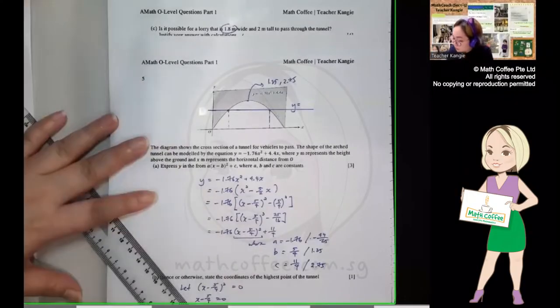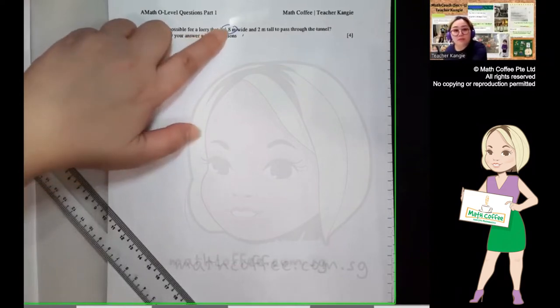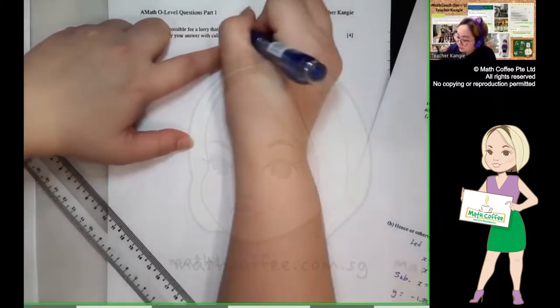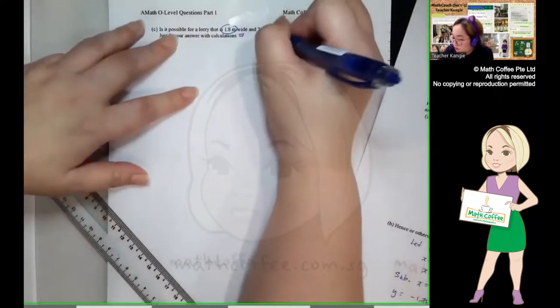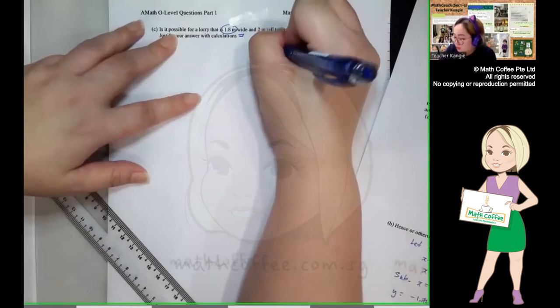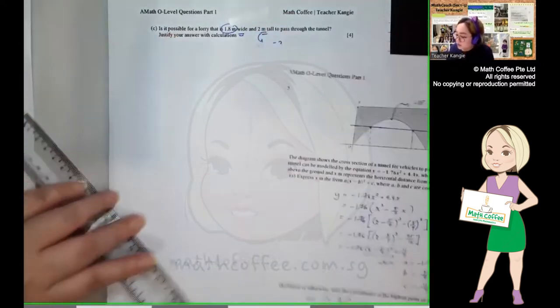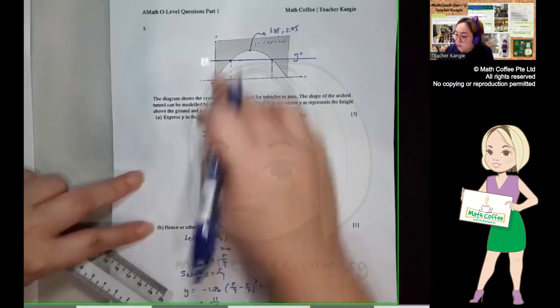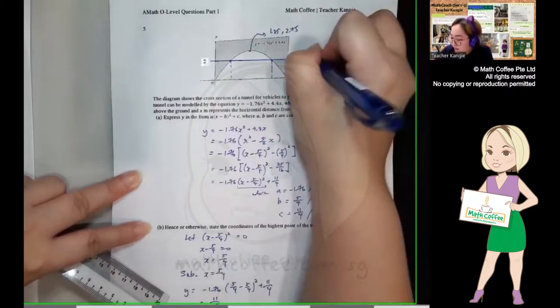So now we want to find out: is it possible for a lorry that is 1.8 meters wide, and 2 meters tall, to pass? So this one is the height. In this case, the height is y equals 2. In the diagram, what I want to do is draw a horizontal line y equals 2.